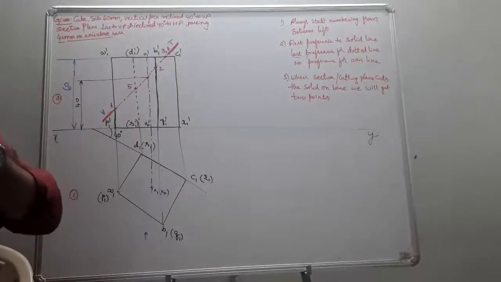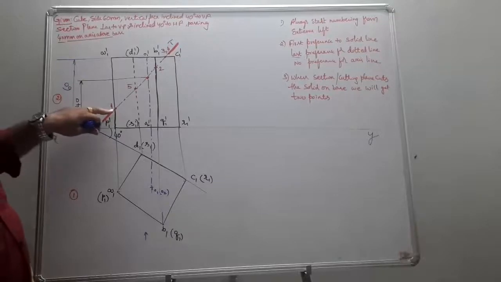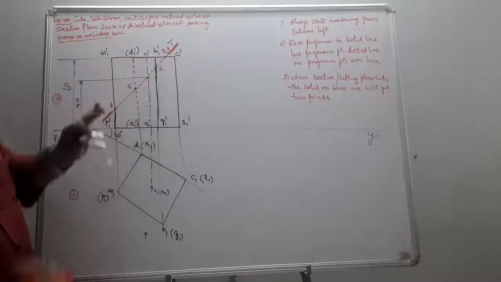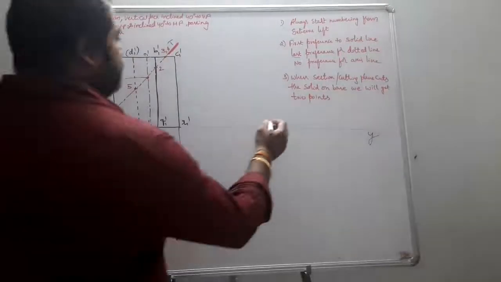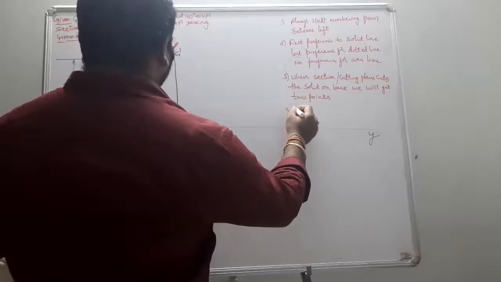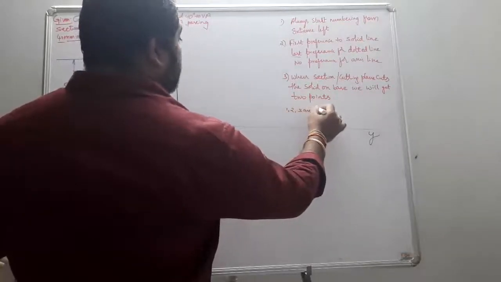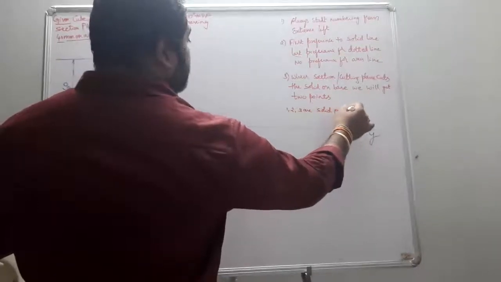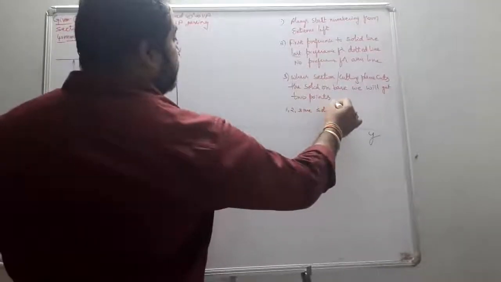These are the visible solid lines. So AP is cut at point 1, BQ at point 2, BC at point 3. That's enough. The solid points are 1, 2, 3, the solid visible points.